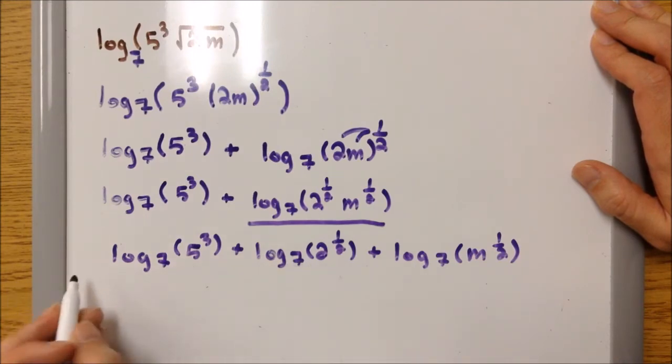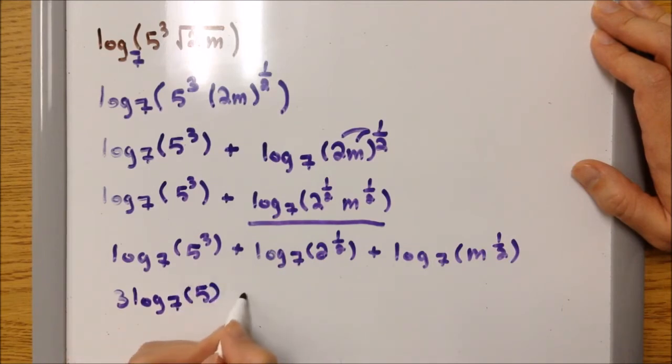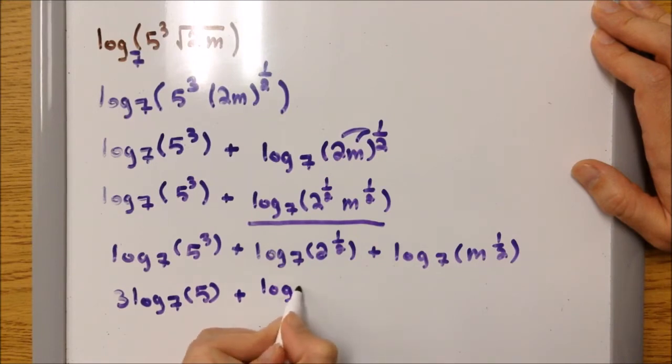So here, the 3 is going to move in the front, so 3 log base 7 of 5 plus here log base 7 of 2 over 2.